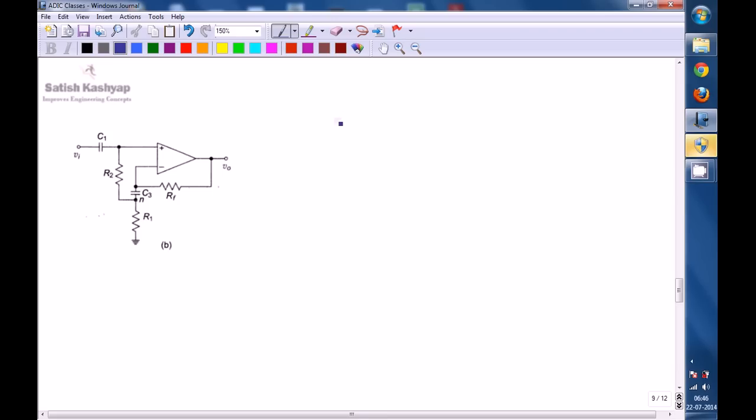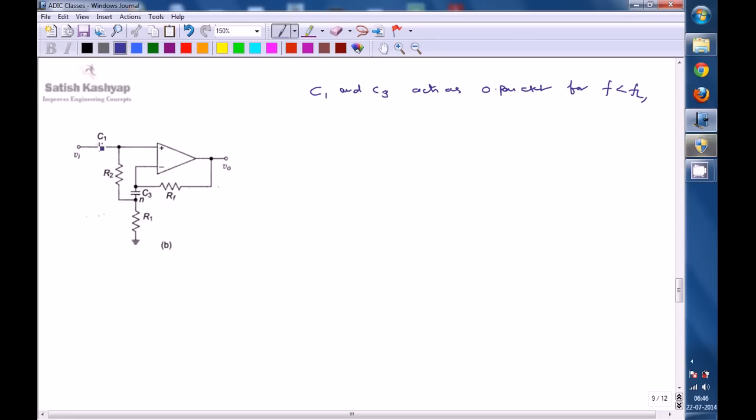The assumption is that capacitors C1 and C3 act as open circuit for frequencies less than FL. For frequencies less than the lower cutoff frequency, capacitors C1 and C3 are open circuit.